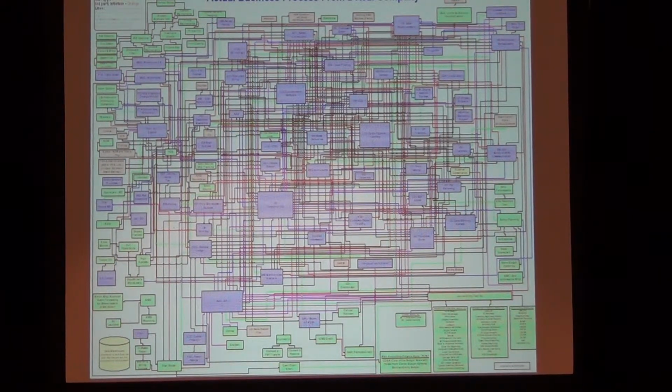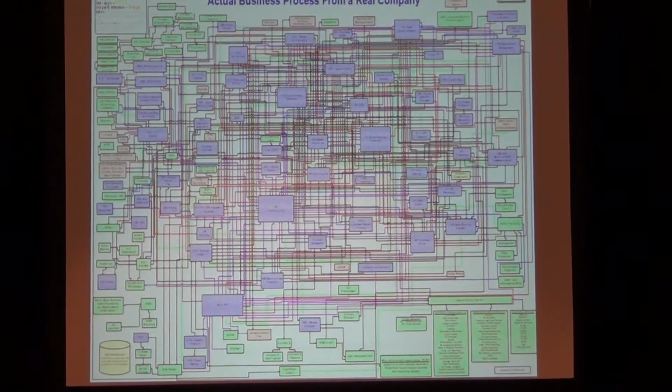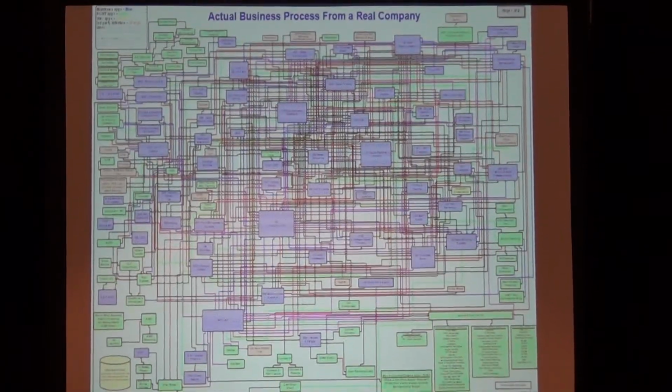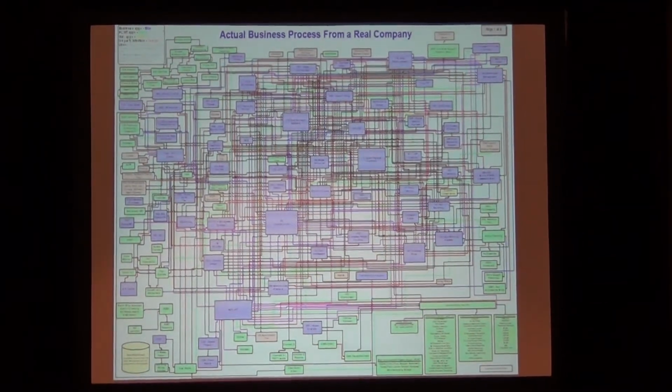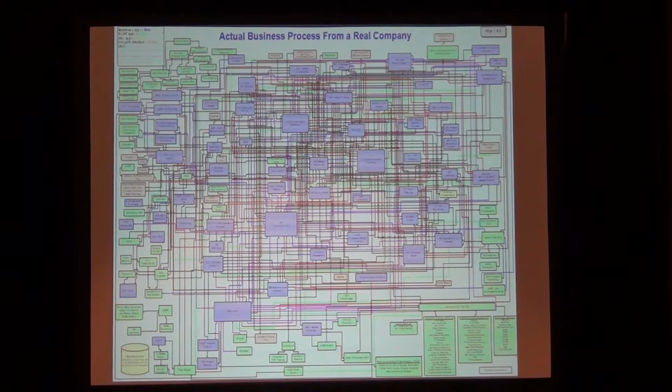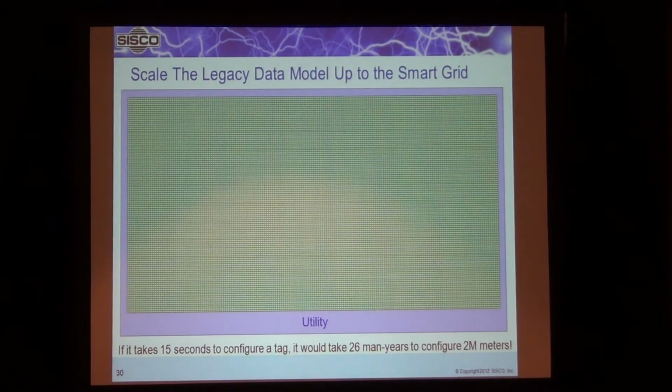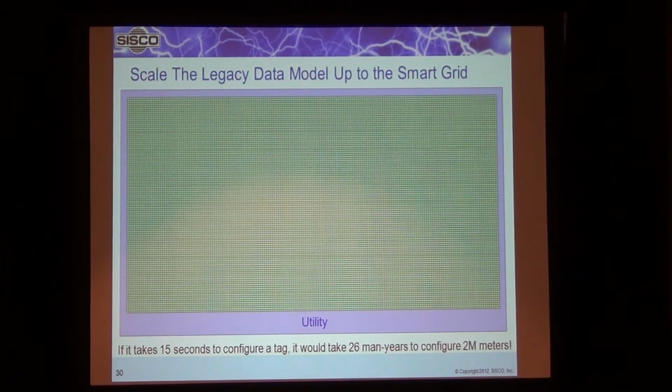So that's really what we're talking about when we look at what does this cost, all this complexity, etc. Well, to try and do this with tags, the complexity of that solution is by far unmanageable and really can't be done. This is the kind of problem space where we're trying to make it effective in small applications, but yet be able to build this up and handle the complexity of very large scale systems. We scale this up to the smart grid where we're dealing with millions of data points. Just think about 15 seconds to configure a tag, 26 man years to configure 2 million meters.